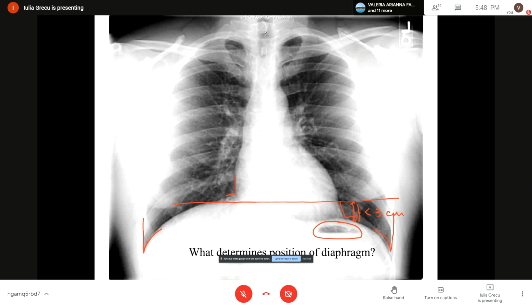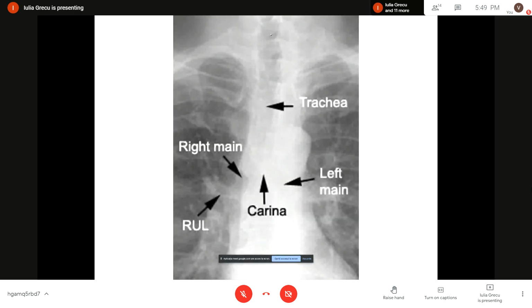This is very easy because the trachea contains air, which will determine this lucency inside the mediastinal shadow. So it's practically the only normal lucent thing in here, and because of this contrast that it makes with the structures around it, it's very easily identifiable and very easy to study.